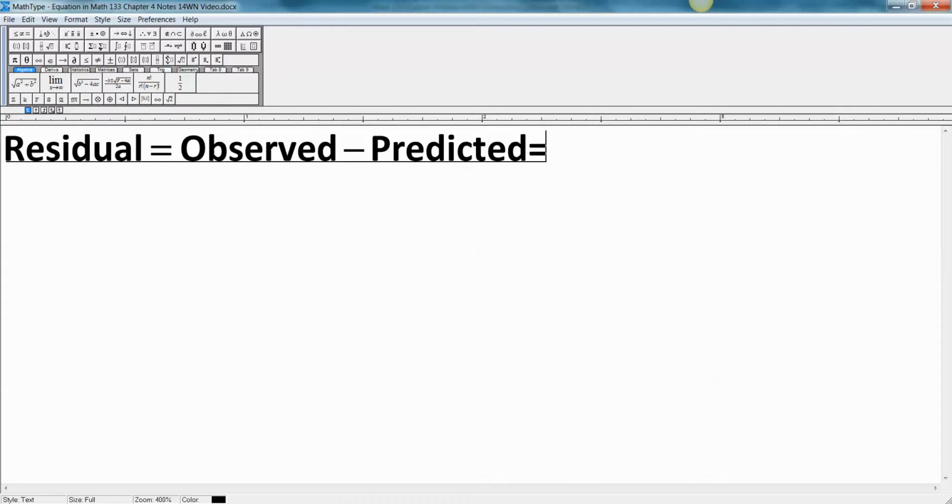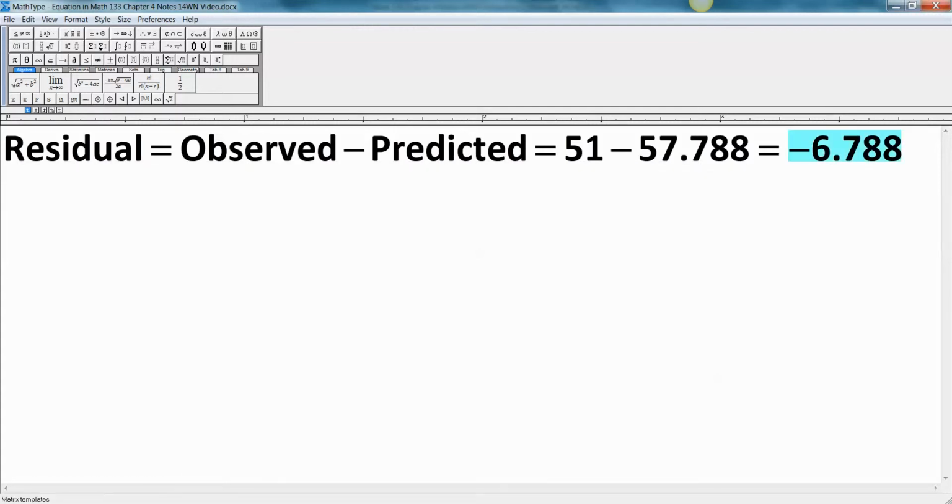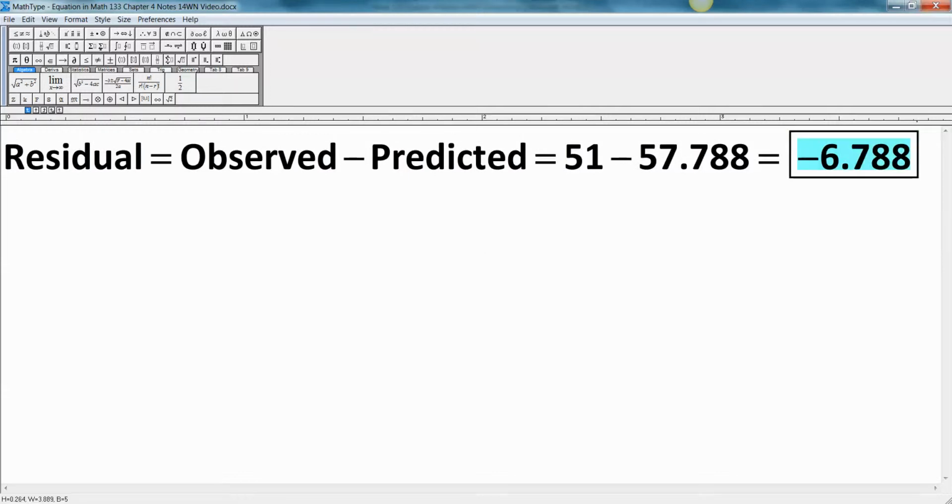Okay, so we observed in real life 51. We thought it would be 57.788. That leaves us with a residual of, let's see, negative 6.788. If I'm doing the math correctly in my head, which I think I am. And there we go. There's our residual.